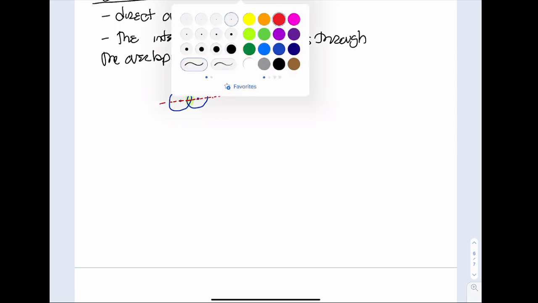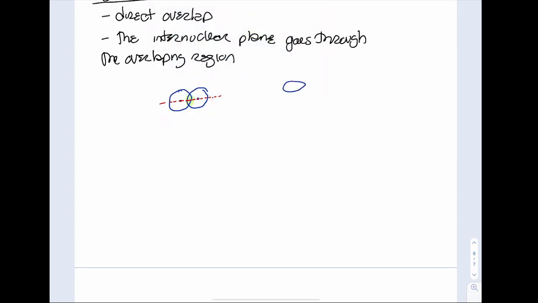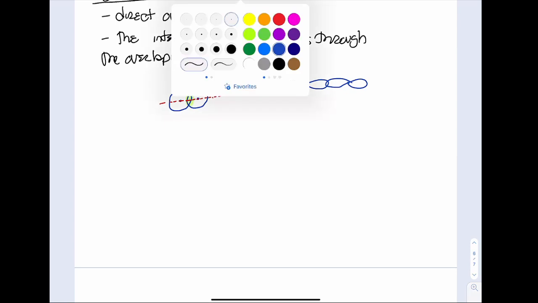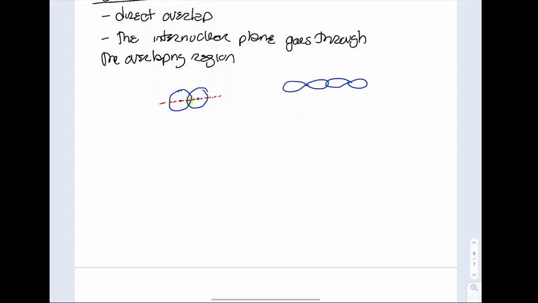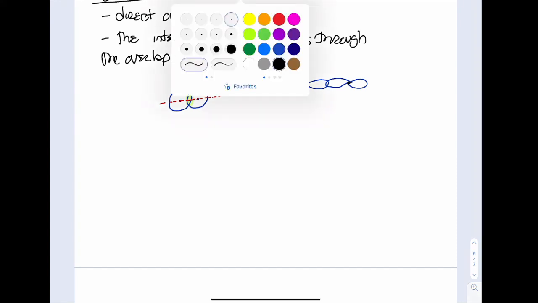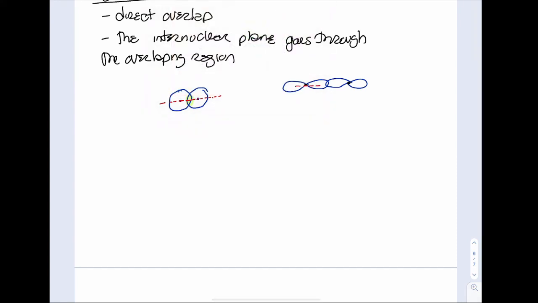I could take a p orbital and overlap it in this direction with another p orbital. Again, remember my nuclei are where there's this node, where there's no electron density. And if I connect those two nuclei again, my internuclear plane, that line is going right through this region where they're overlapping.